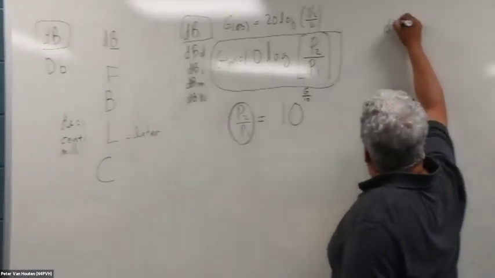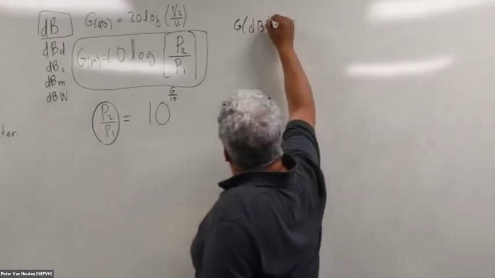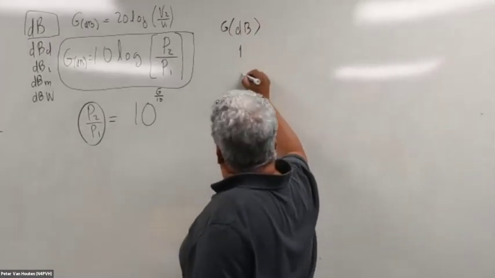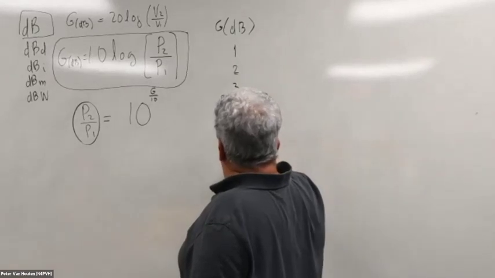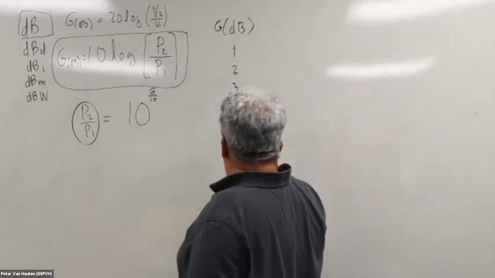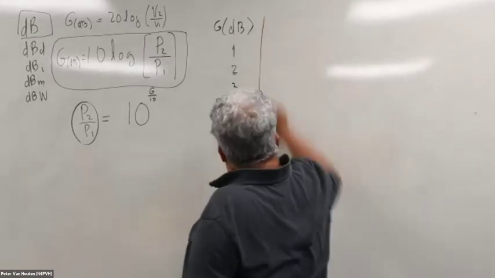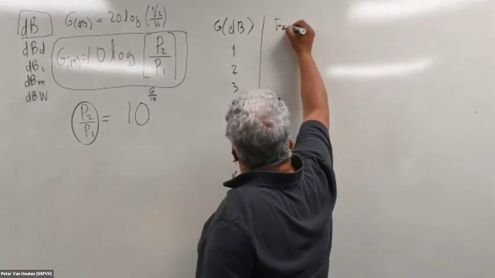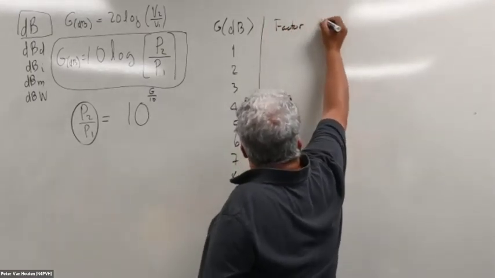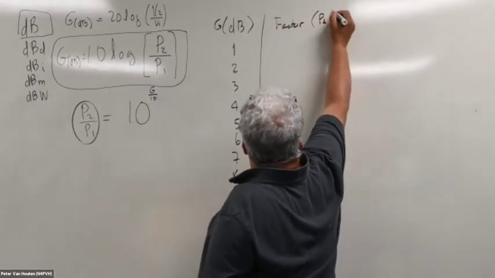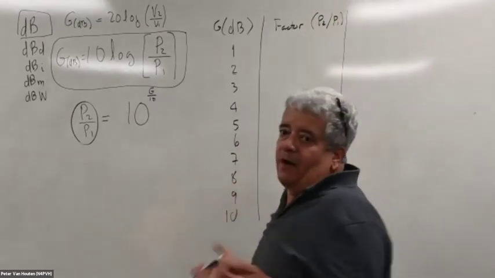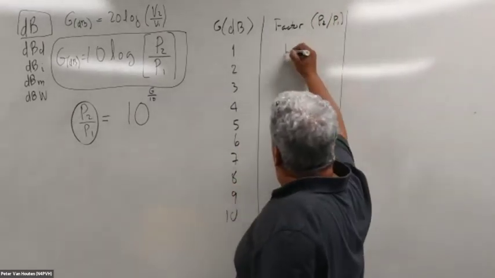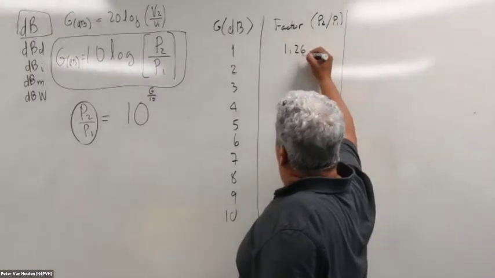Let's say I have dBs here, gain: 1 dB, 2 dBs, 3, 4, 5, 6, 7, 8, 9, 10. And then the factor, P2 divided by P1, for 1 dB the ratio of powers will be around 1.26.